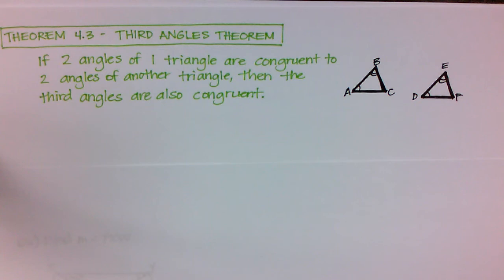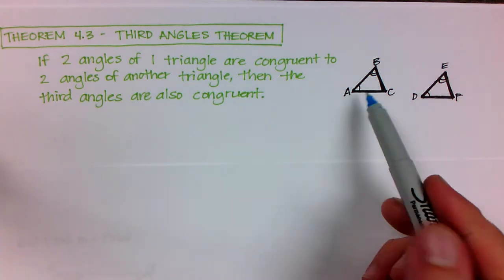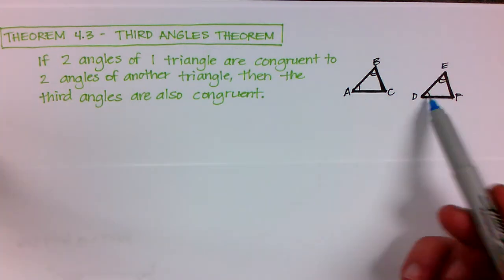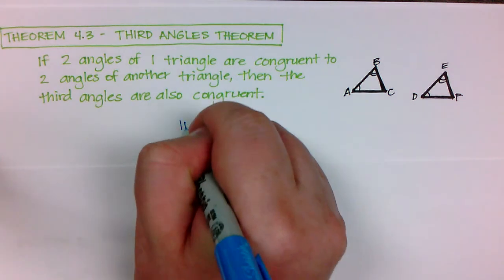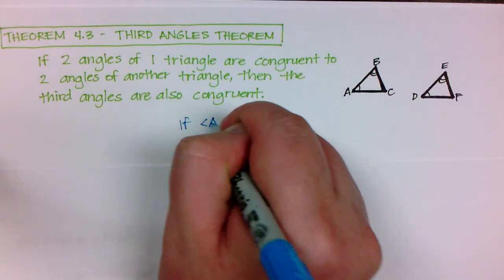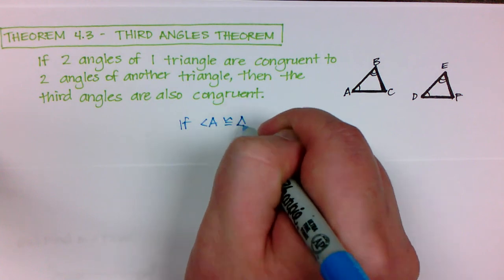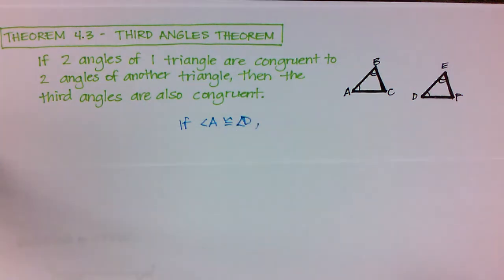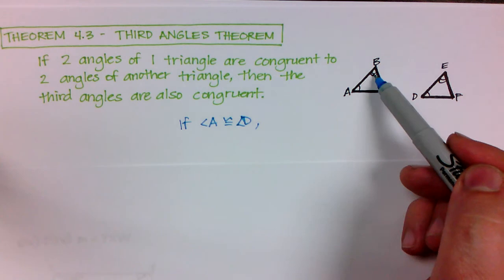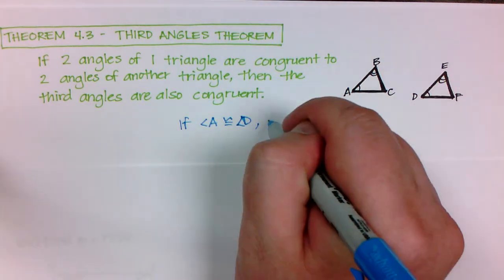So in this case, when I'm looking at it, it looks like from our markings that angle A is congruent to angle D, and also it looks like B and E are congruent to one another.